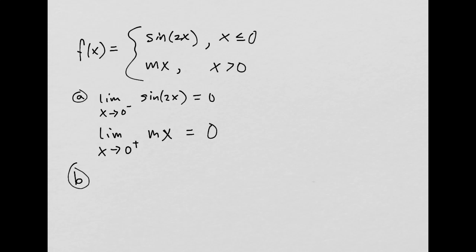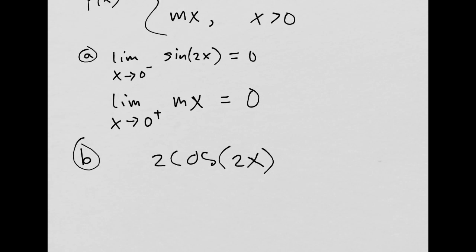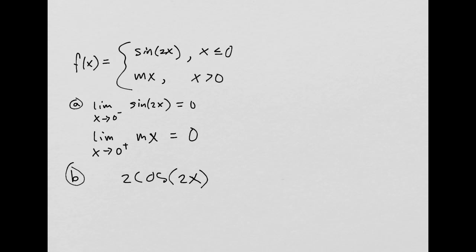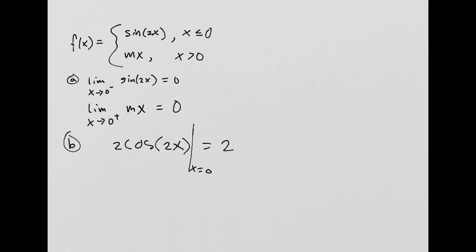So the derivative on the left side would be, by chain rule, cosine 2x times the derivative of the inside, so that would be the 2 there. And if I plug in a 0, cosine of 0 is 1, so that would be 2. So evaluated at x equals 0, that would give me 2.